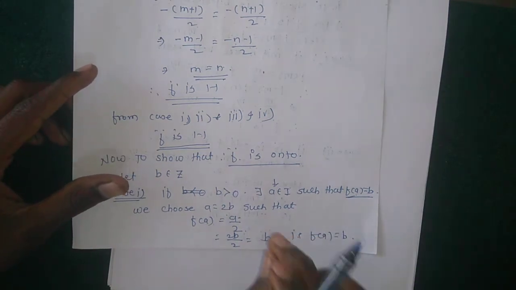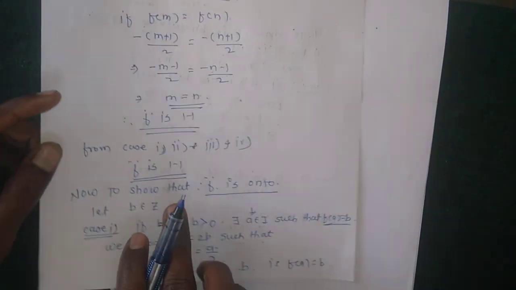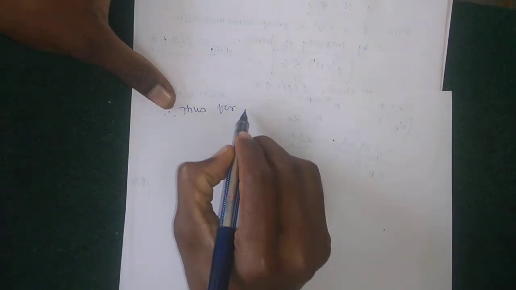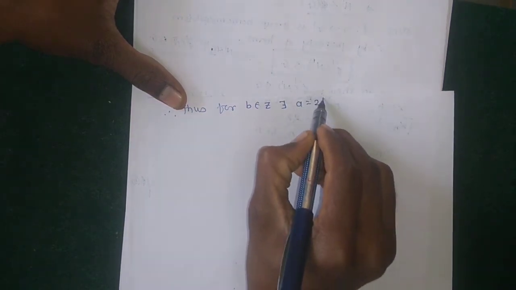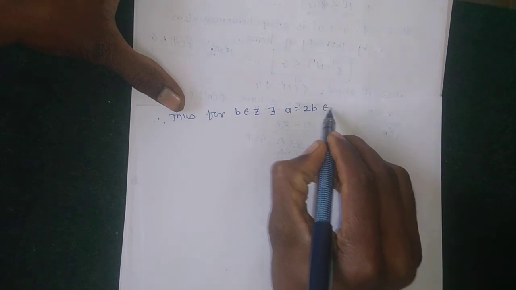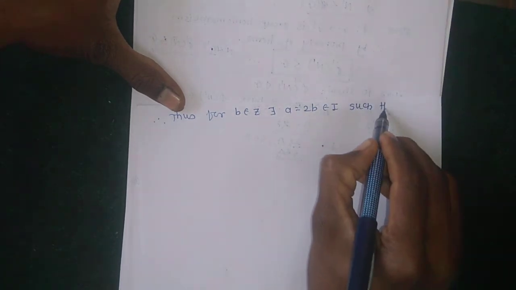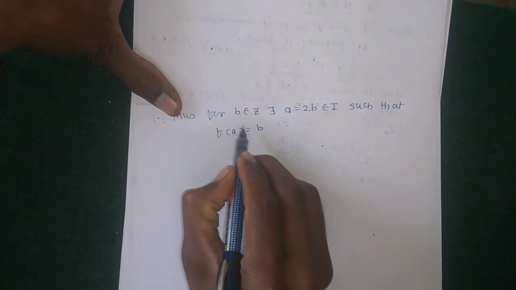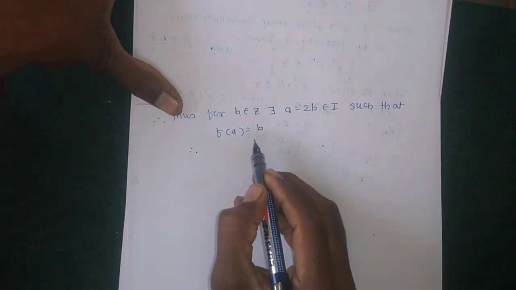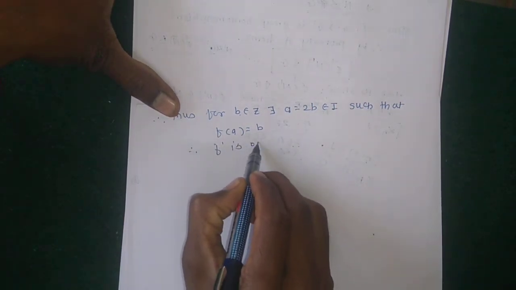So at least one element exists in I. Therefore, for b belonging to the set of integers Z, there exists a equal to 2b belonging to I such that its image is b, that is f of a is equal to b. This is the definition of onto, therefore f is onto.